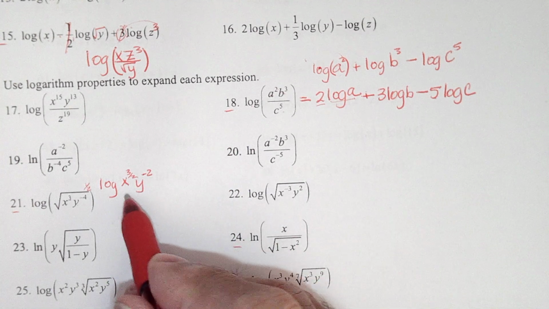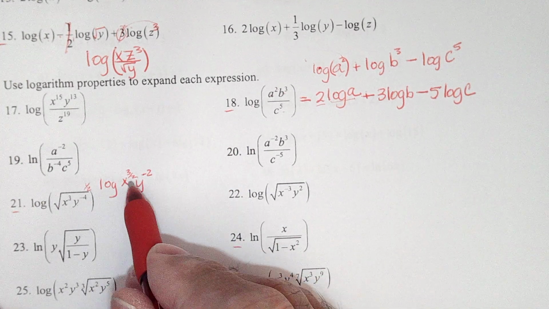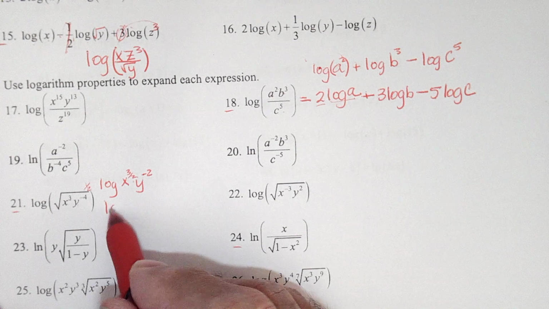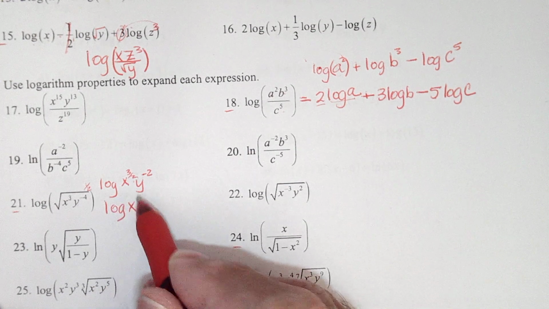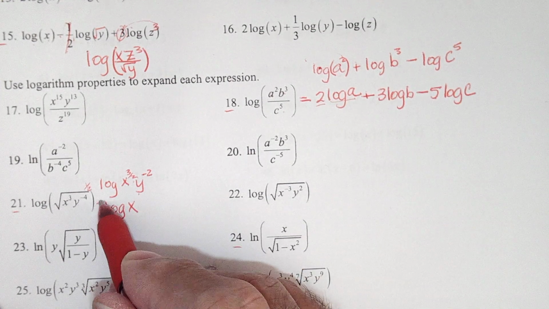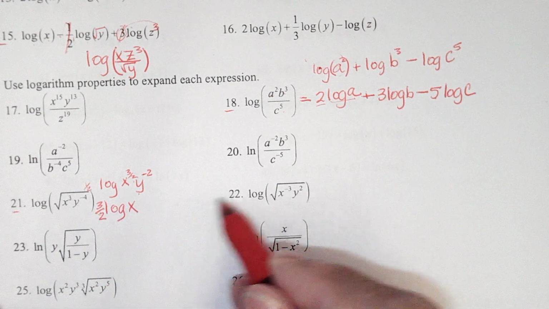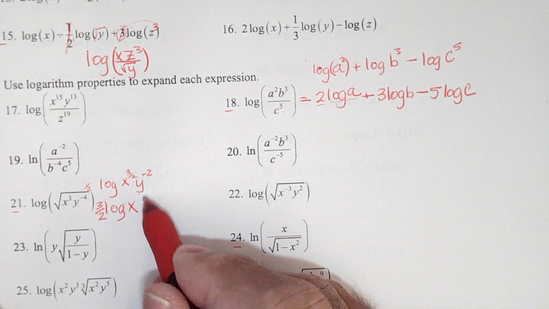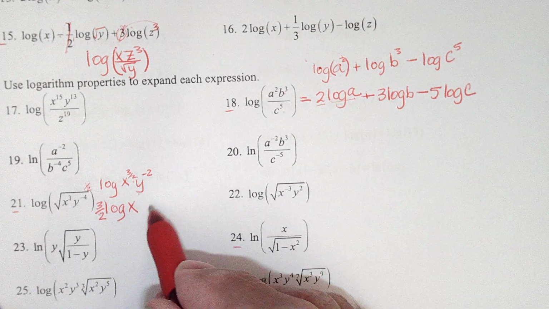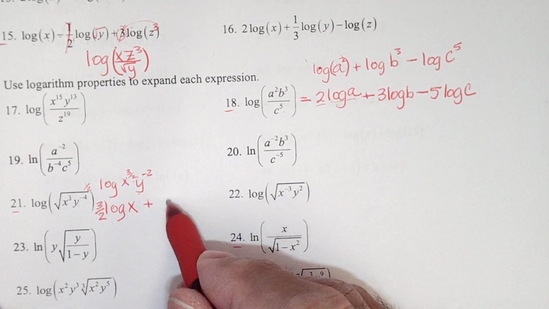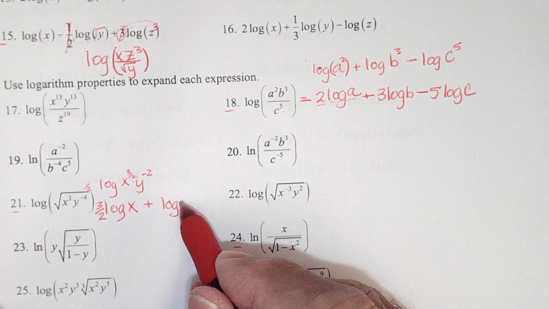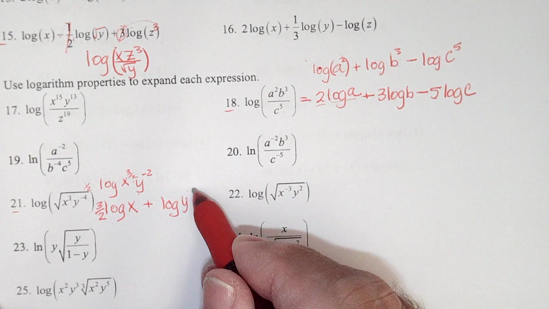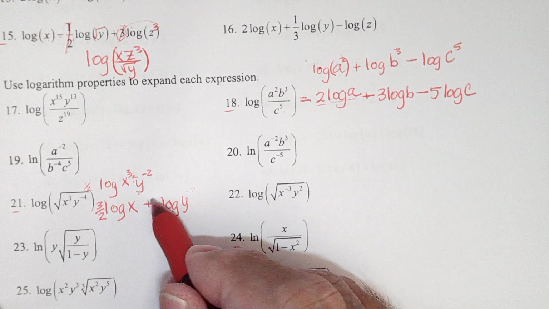So then we've got a product here. So we've got the log of x to the 3 halves, but that can come down in front. And then I've got, these are multiplied, so plus log of y to the -2, but the -2 can come down.